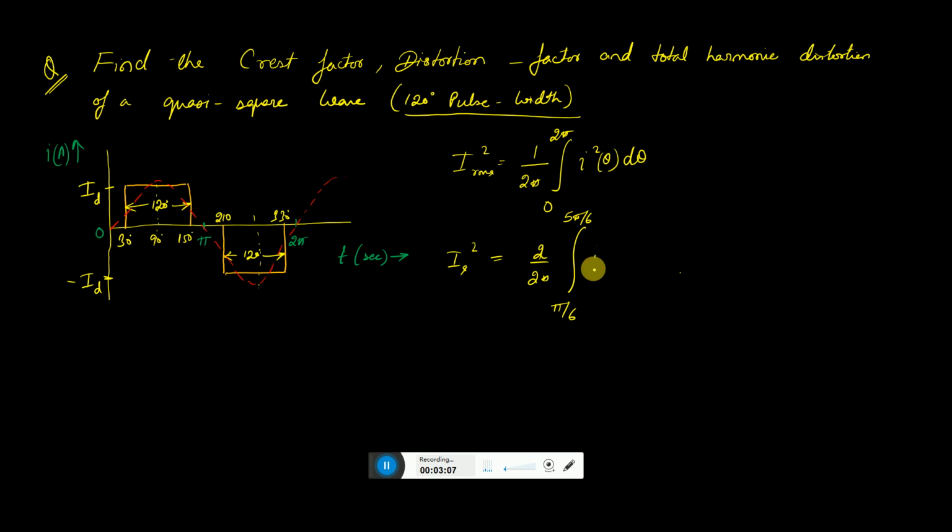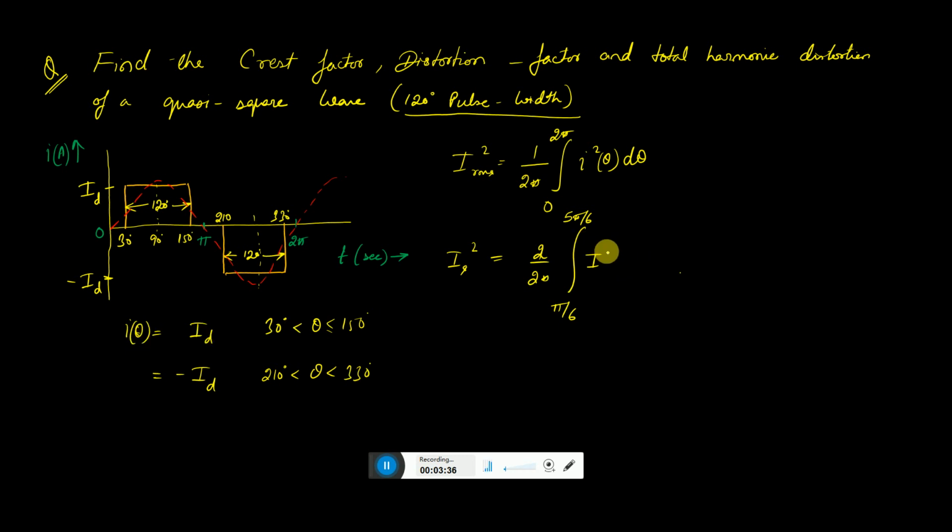And the value of I, we can write here, I of theta is equal to ID from pi by 6, or let us write from 30 degrees to theta less than or equal to 150 degrees, and is equal to minus ID from 210 degrees to 330 degrees. So this is the current equation.